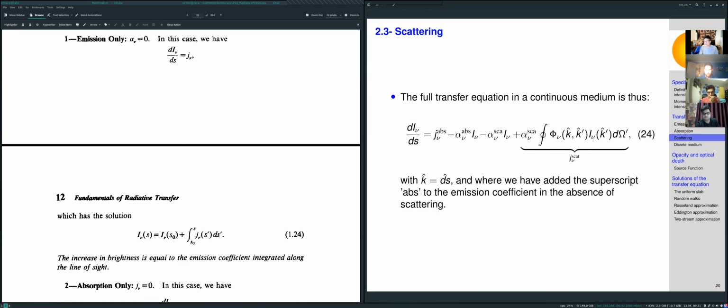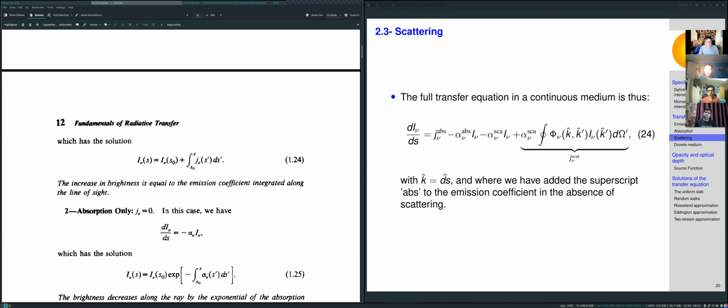So if you include scattering, then you cannot solve this directly. It becomes an integro-differential equation. I will look at ways to solve the radiative transfer, including scattering, in an analytical solution, in the case of isotropic scattering only.